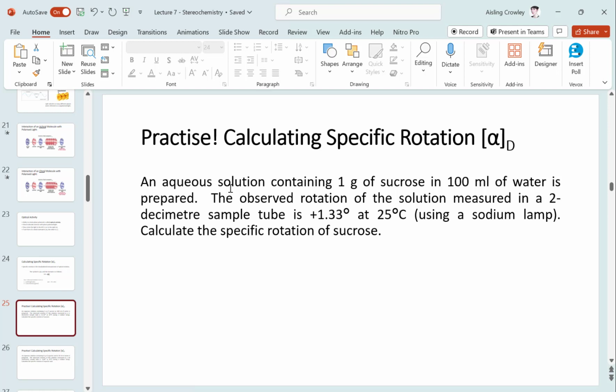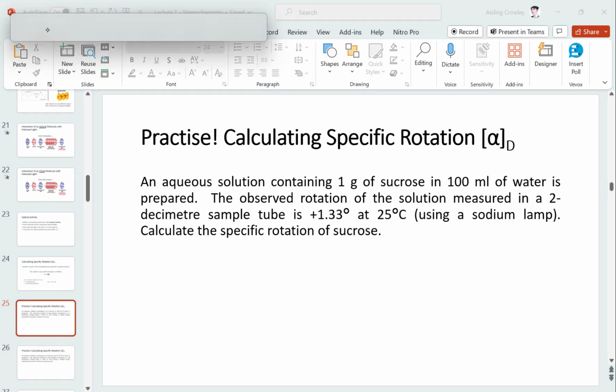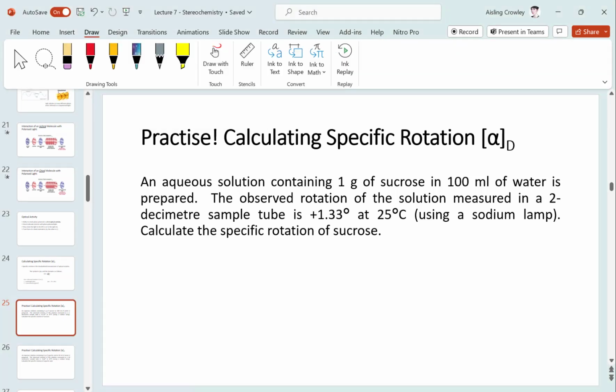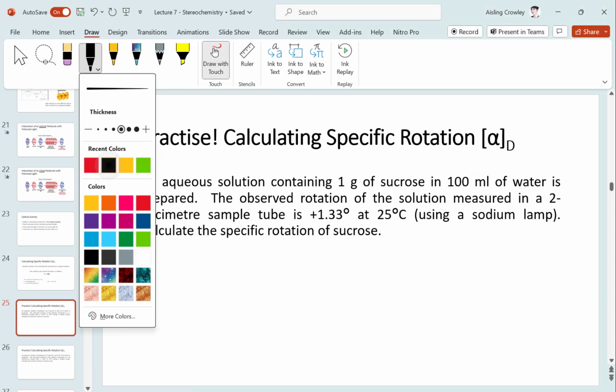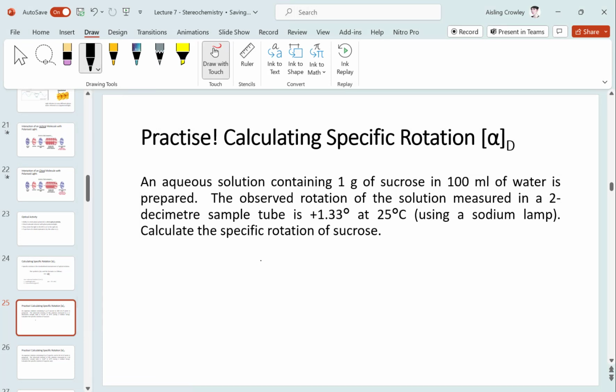We have an aqueous solution containing 1 gram of sucrose in 100 ml of water.